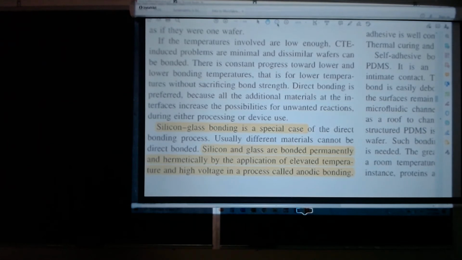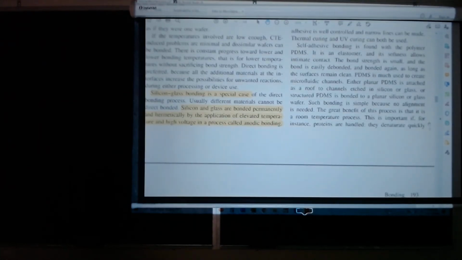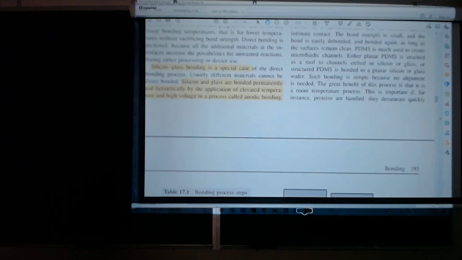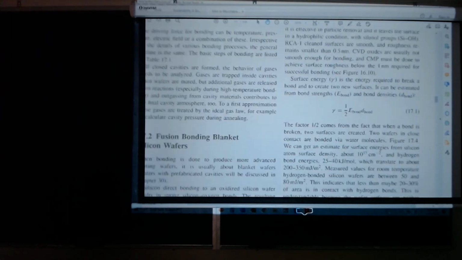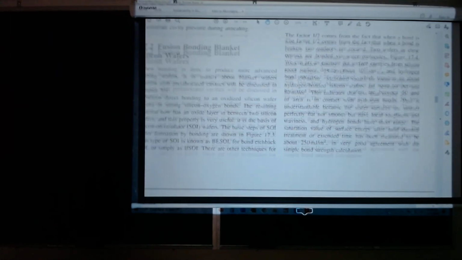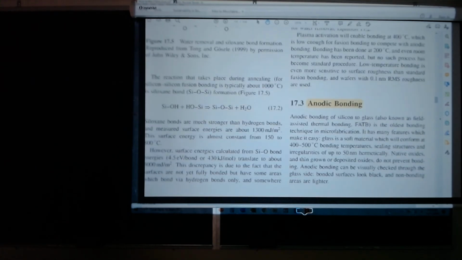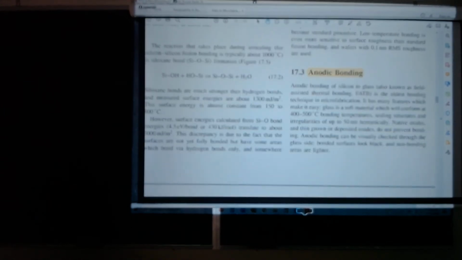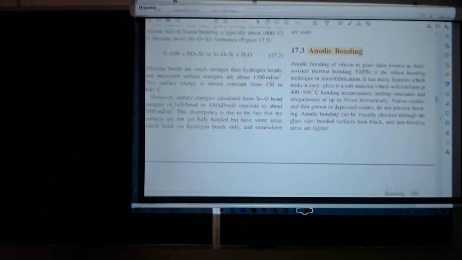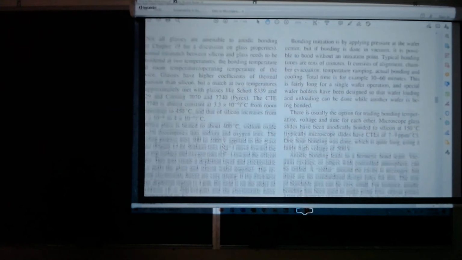Let me quickly go over that. It has its own section here, which is part of your material. Anodic bonding is, I believe, only performed for bonding silicon to glass.